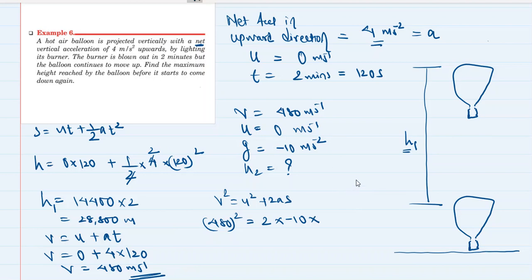Acceleration is going upward, so we will take it as negative. Velocity is also correct. v square is equal to u square plus 2as, that formula is also correct. Okay, 2as, in place of s I take h2. So this will become minus 20. Why is it coming in negative?